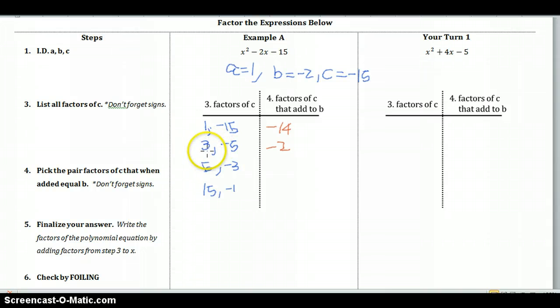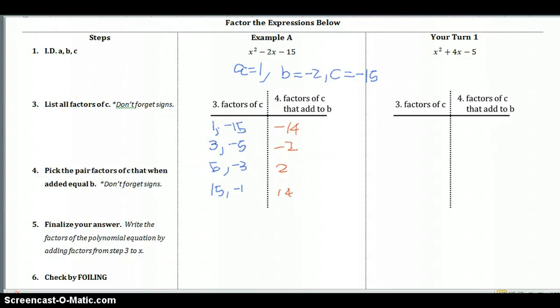So obviously our factors are 3 and -5, because when I add them together, they give me -2, which is our value for B. We can just take a quick look at the other ones. 5 and -3 add to 2, and 15 and -1 add to 14. This just proves that there's only one choice, and 3 and -5 are our correct factors.